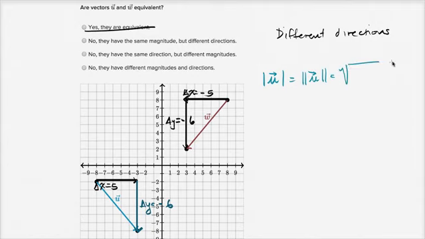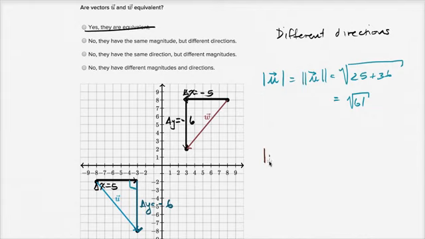The length of this arrow is just the hypotenuse of the right triangle. So it's going to be the square root of 5 squared plus -6 squared. So it's going to be the square root of 25 plus 36, which is equal to the square root of 61.